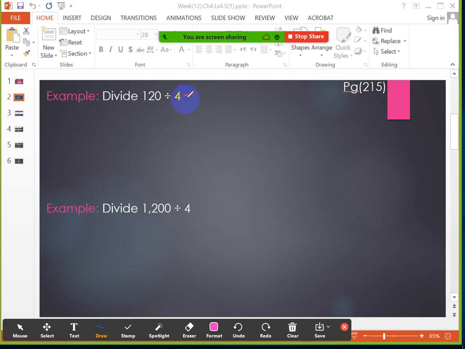Okay, the easiest strategy is to forget the 0 and divide the number by 4. That means I will divide 12. 12 what? Because I have here 12 tens, right? I have 12 tens, and I will divide these 12 tens by 4.